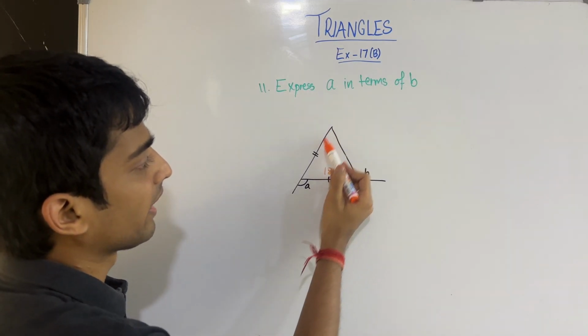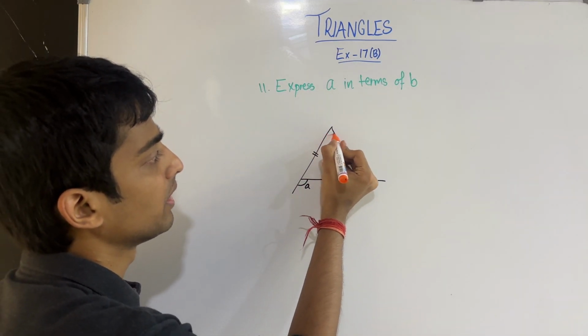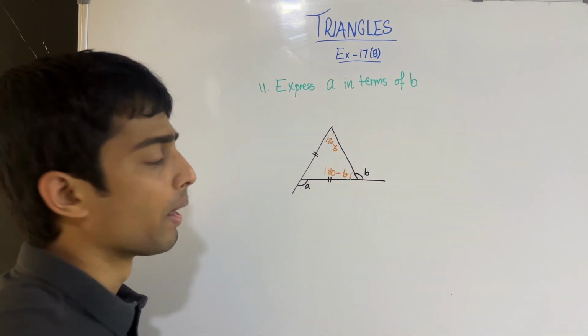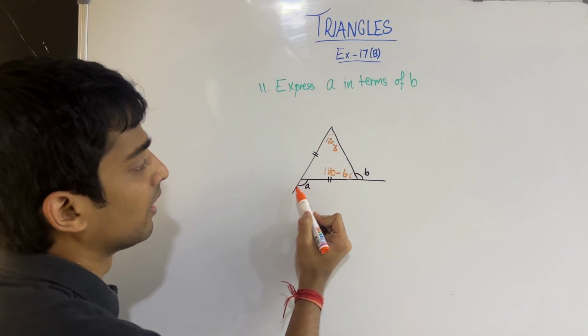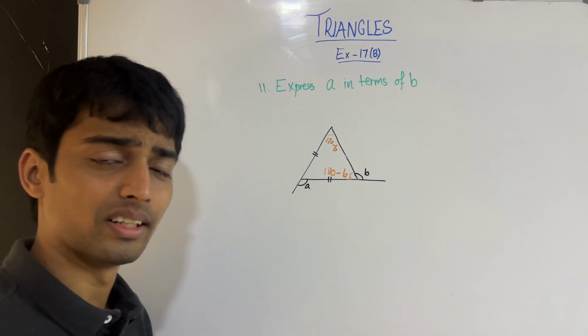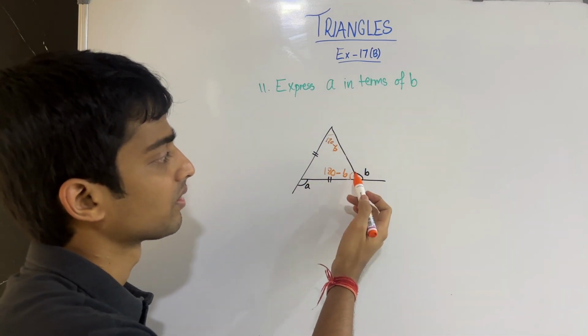Now see, this is an isosceles triangle. So these two are the base angles, so this also will be the same, 180 minus B. Now, let's look at this triangle, and this is the exterior angle. We have the formula, exterior angle is equal to the sum of the interior opposite angles.